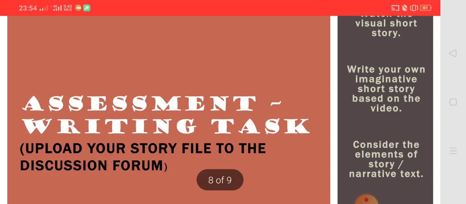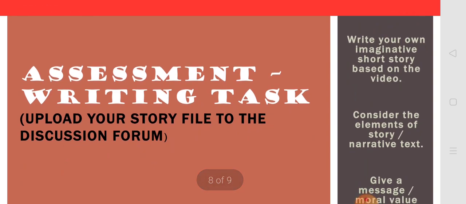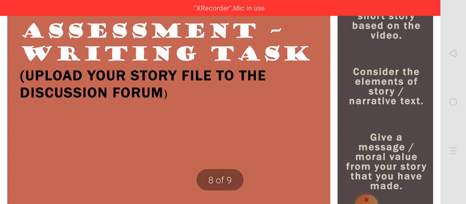And the next is to write your own imaginative short story based on the video. After you find your imaginative story based on the video that I have uploaded, next is about the elements or parts of the story or narrative text. Please consider how to decide or divide the elements of the story.